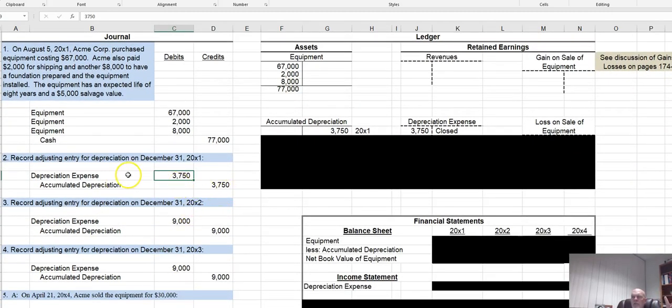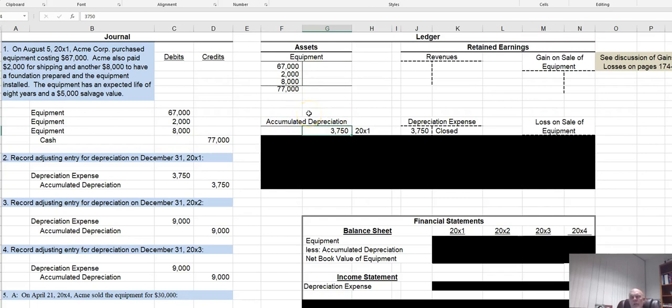At the end of the first year, we're going to depreciate this equipment for $3,750, debit depreciation expense, and credit accumulated depreciation. Now remember, from now on, instead of crediting the equipment account, we're going to credit this contra asset account called accumulated depreciation for $3,750.